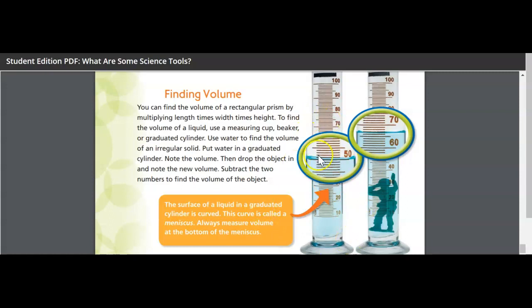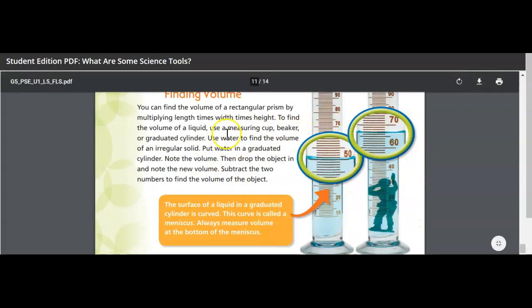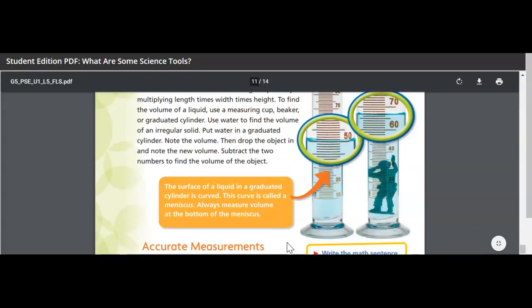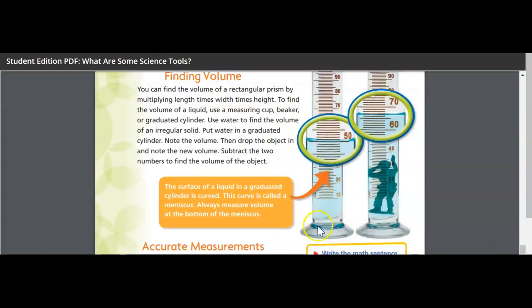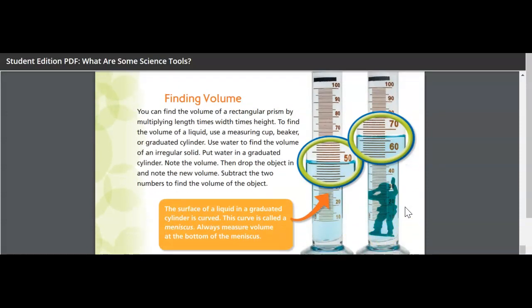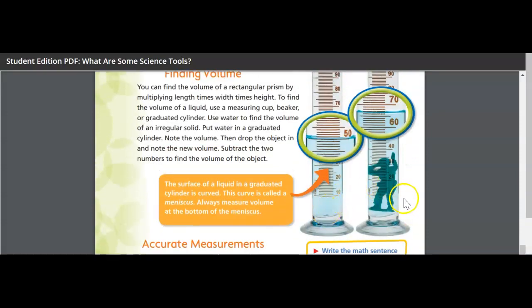So here it's a graduated cylinder that they were talking about. And you're finding the difference to find the volume of the object, right? Okay. Because it's the same shape, right?